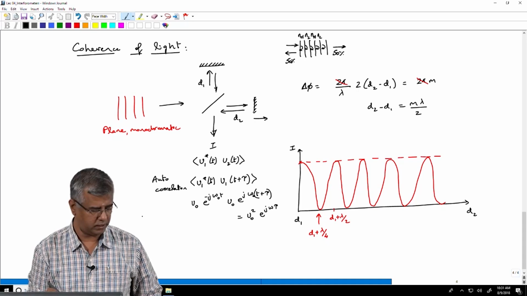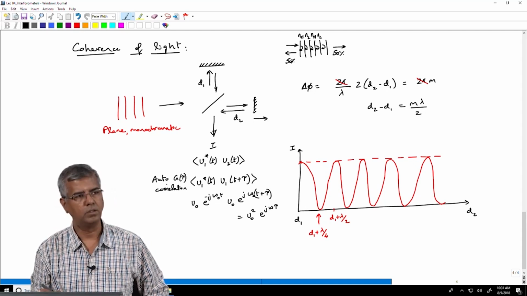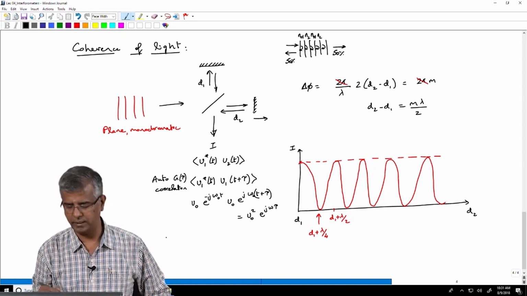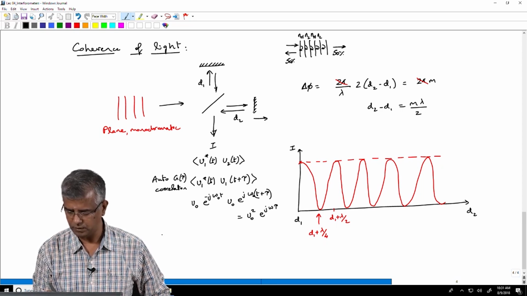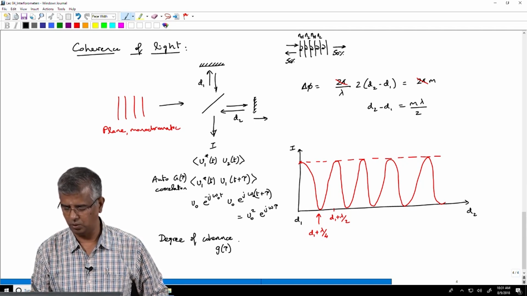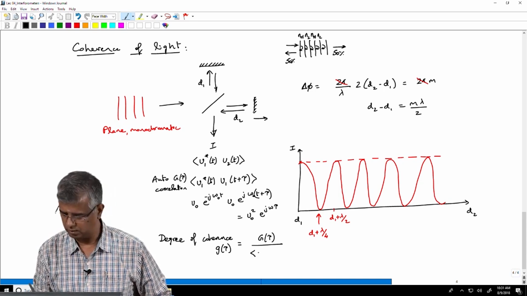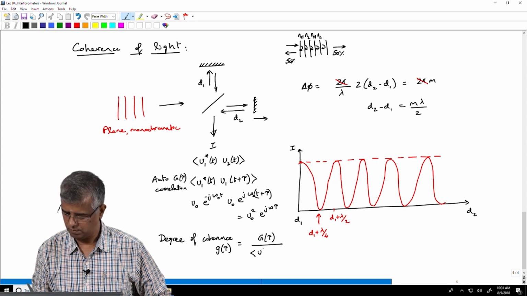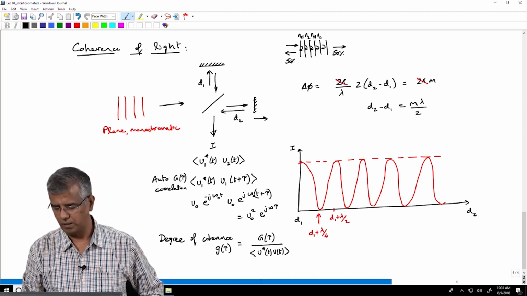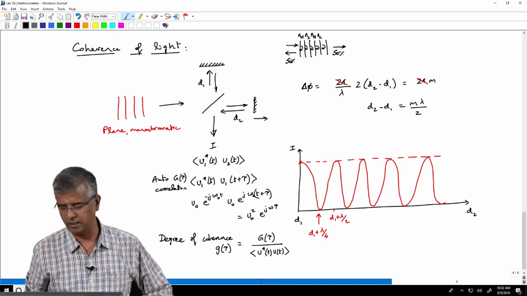Now, this autocorrelation function, let us say we represent this as G of tau. You can now define another quantity, let us call this the degree of coherence. So, the degree of coherence is small g of tau, and that is nothing but this capital G of tau divided by u conjugate of t multiplied by u of t, which is nothing but the total intensity in that wave.